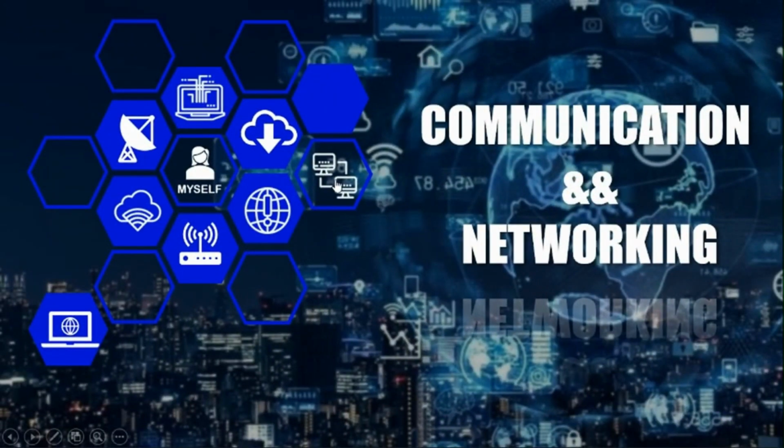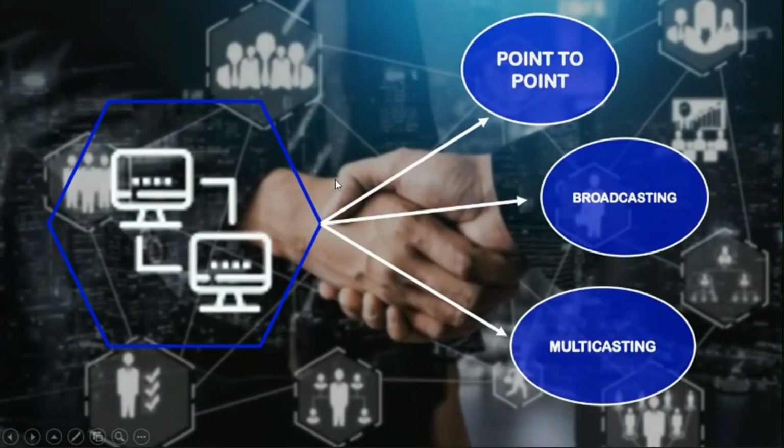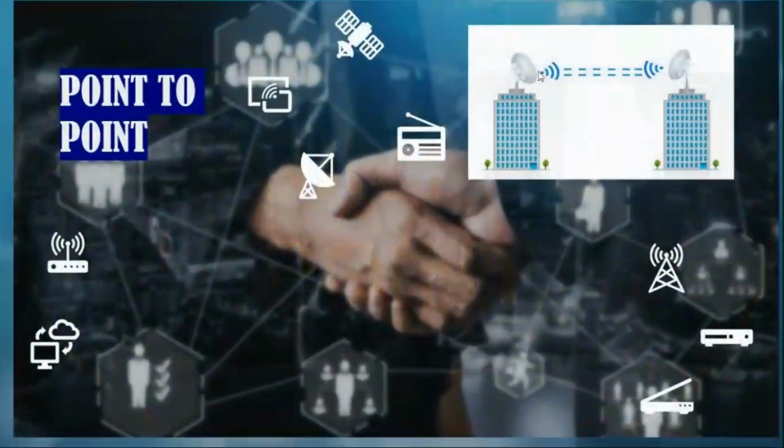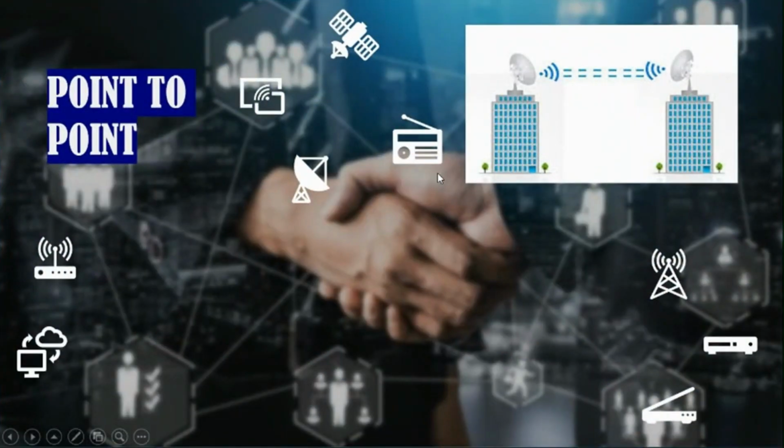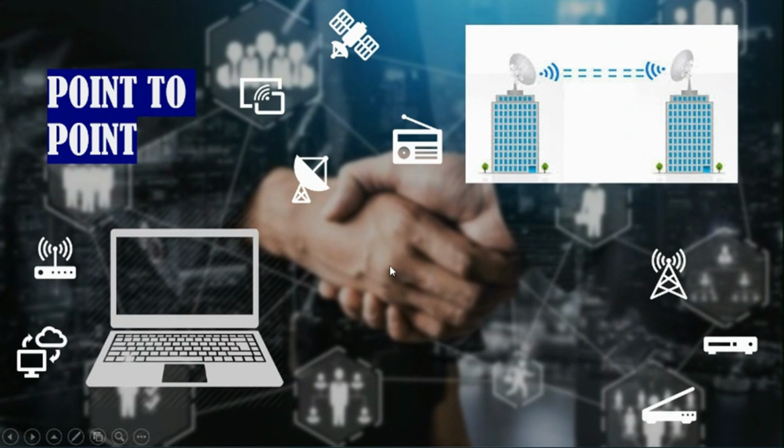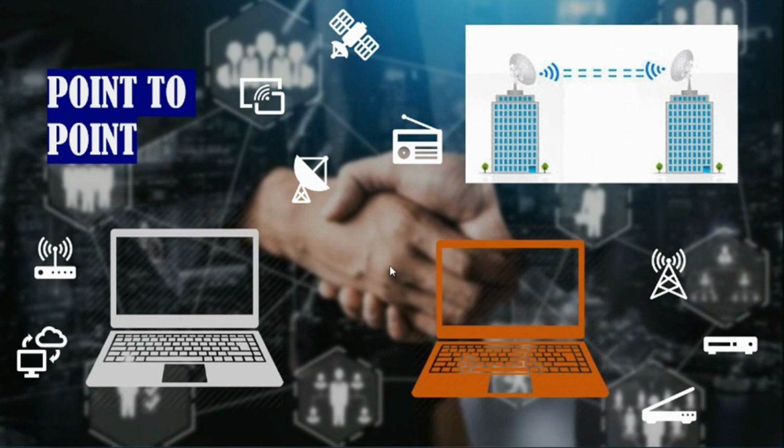Well, now let's see the types of communications in computer networks. Communication can occur in three ways, and they are point to point, broadcasting, and multicasting. In point to point, as the name suggests, two computers directly communicate with each other, like face to face.